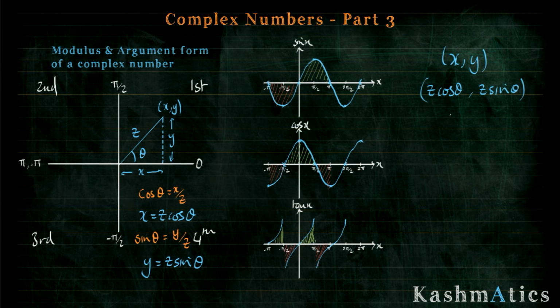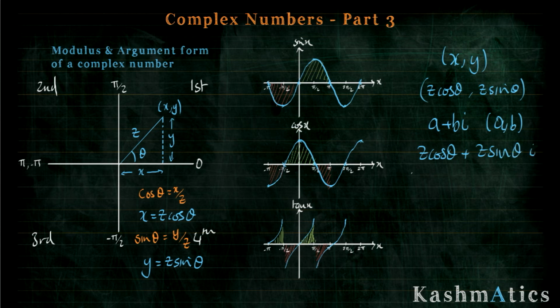Now, if you compare that to a complex number, it would be a plus bi. Okay, so that would be a normal complex number, but you could plot that using the coordinates ab, which means I could express this complex number as z cos theta plus b, so that's my y coordinate, which would be z sine theta multiplied by i.